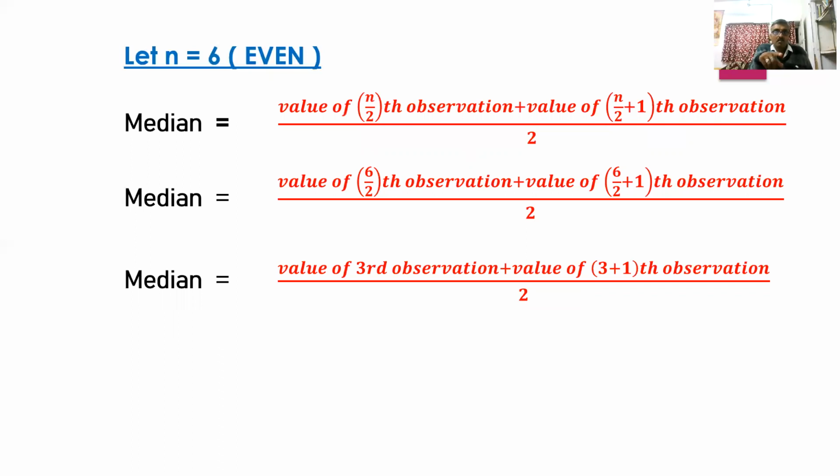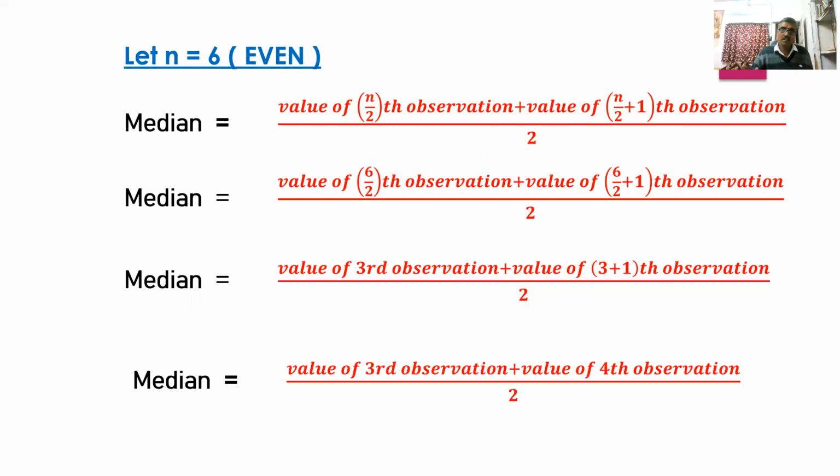That is the median of the value of the third observation and fourth observation. ठीक है? मीन किस किस का मीन लेंगे हम? थर्ड ऑब्जर्वेशन और फोर्थ ऑब्जर्वेशन का मीन जो होगा दैट विल बी अ मीडियन. राइट?